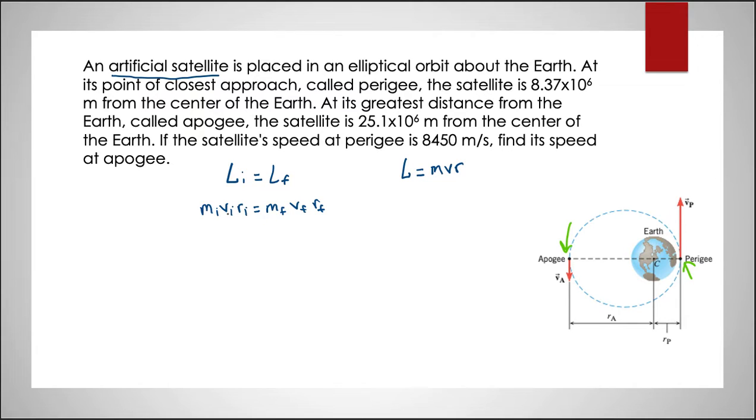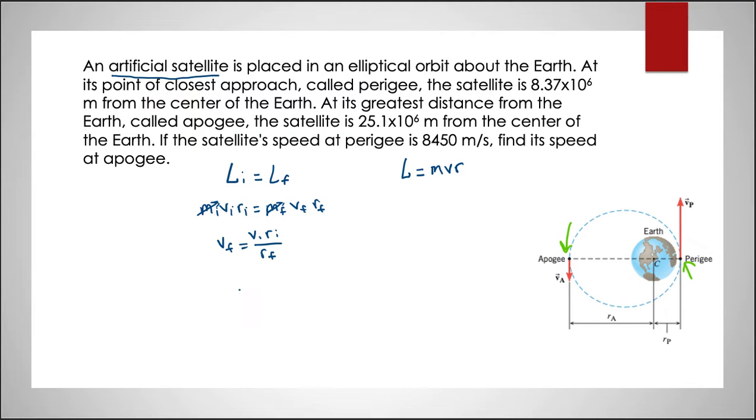And you can see right away that the mass does not change, and so we can drop those out, so we just have v and r. And so that means v final is just going to be v initial r initial over r final.